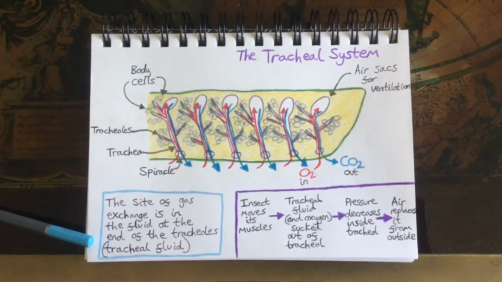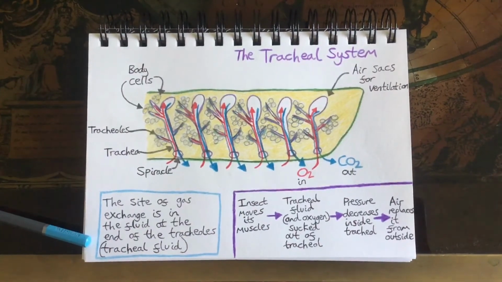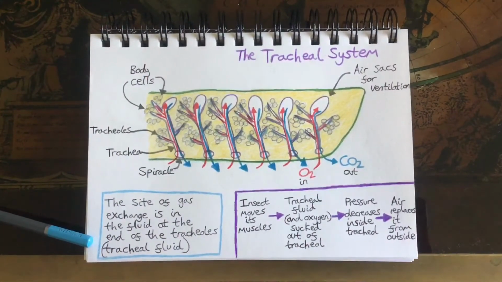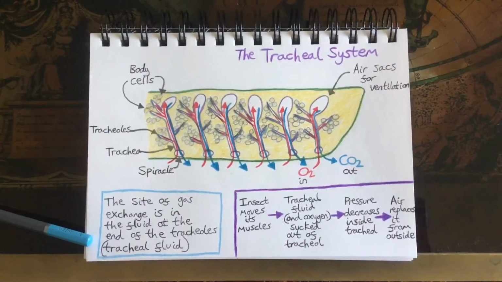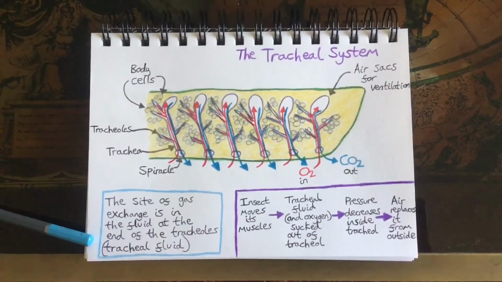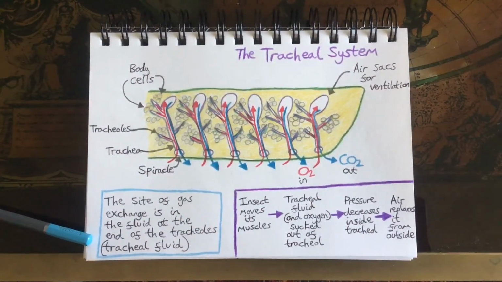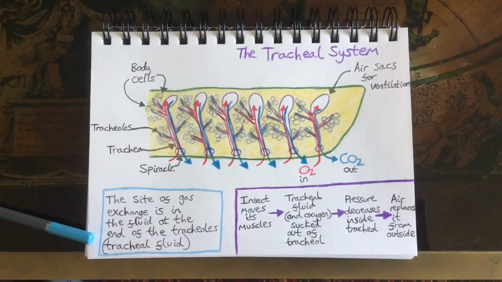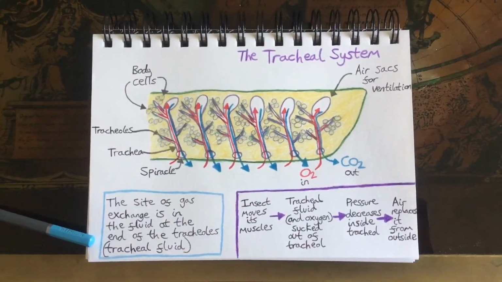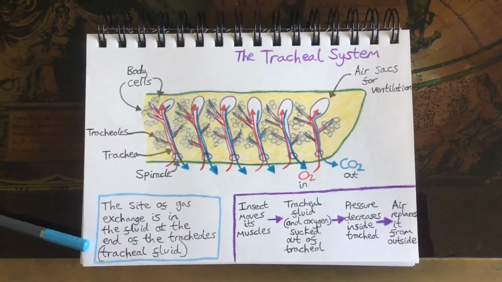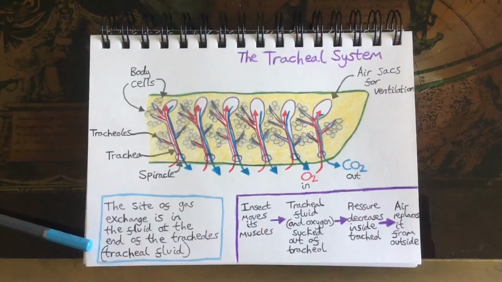And that also allows the oxygen to diffuse straight into the cells around it. And what this causes is, because the fluid has been sucked out of the end of the tracheoles, we've got a huge decrease in pressure inside of the tracheoles compared to the air outside of the insect. And something has to replace that.